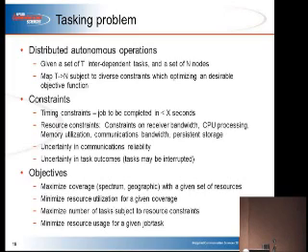Another problem that is extremely important is the tasking problem. This deals with autonomous operations. You want your nodes to, in some sense, operate autonomously and figure out which nodes get to do what, independently of operator control. So the problem is, I've got a set of interdependent tasks, interdependent because you might have to scan before you fuse, and I've got a set of n nodes that are available to do this.